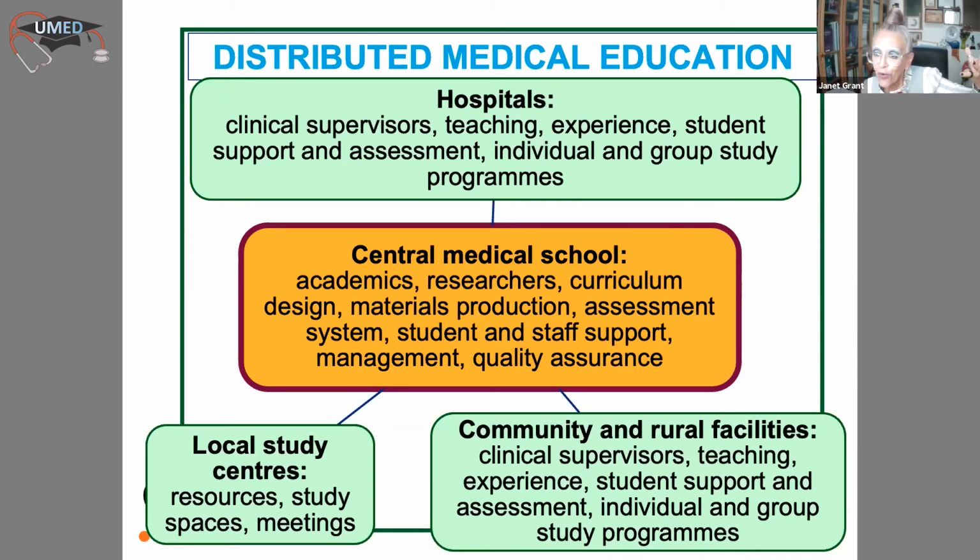If your students are a long way away, you probably don't have those, but that would be really nice for your students who are in groups in other places. And then community and rural facilities, which you probably use in general practice in primary care, maybe social services, I don't know. But in a lot of places, there is a lot of dependency on community and rural facilities as well. And these are all part of the distributed school. It isn't handing over your students to them. It's all being part of that whole system.